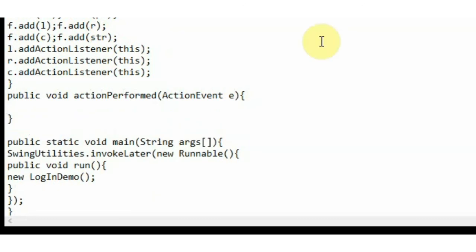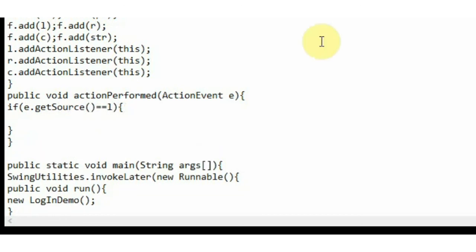So public void actionPerformed, which gives you the ActionEvent object e. I said if e.getSource, this getSource method will give the reference of the component. So e.getSource is equal to L, which means it is login.